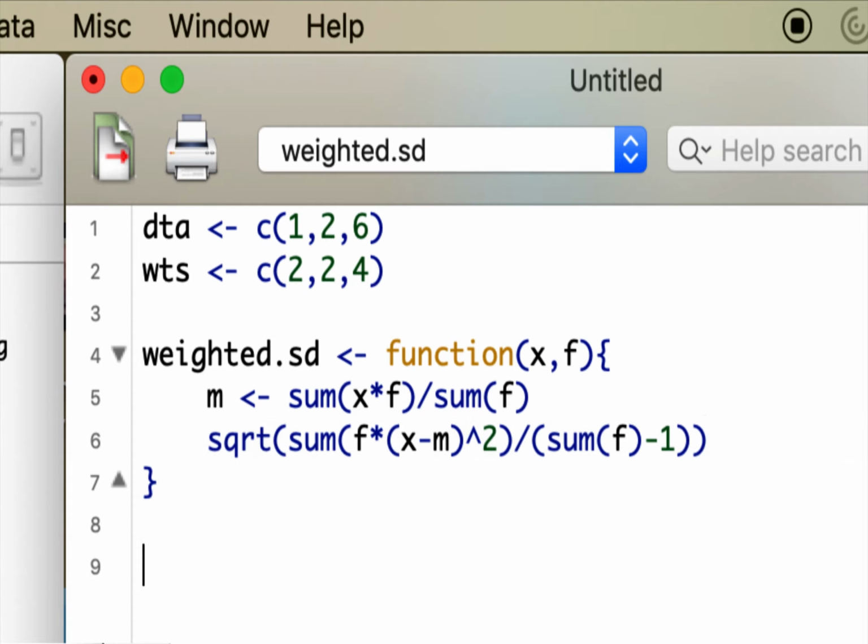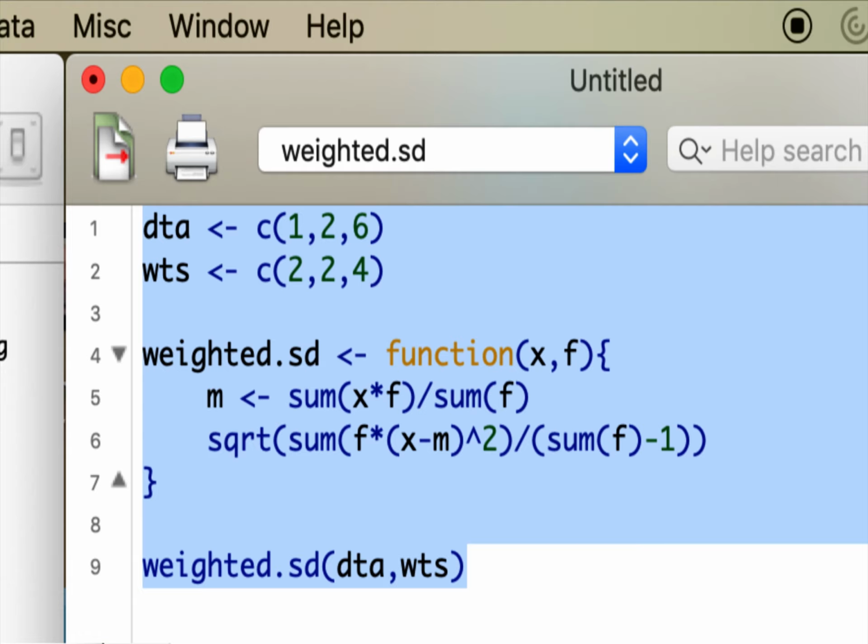Once we have created the function, we should just be able to input data as x and weights as f, and it should work. I will highlight it all. I'm on a Mac, so I will hold down Command and hit Return.